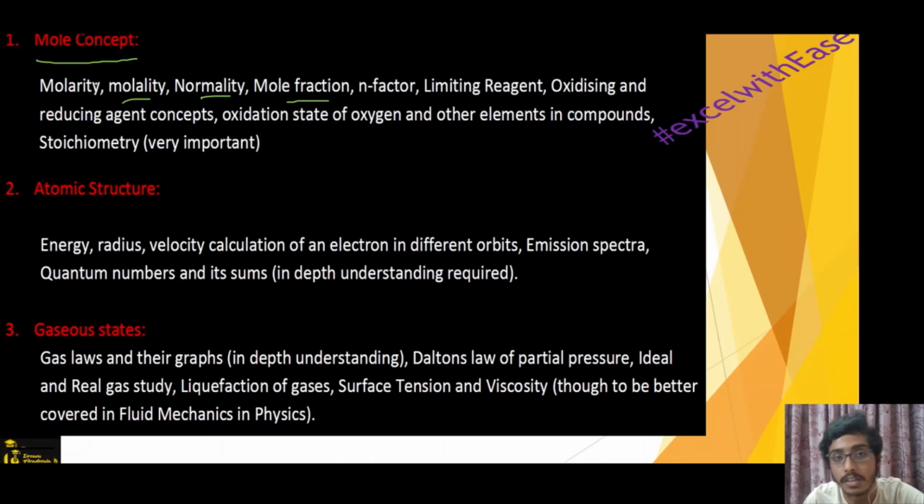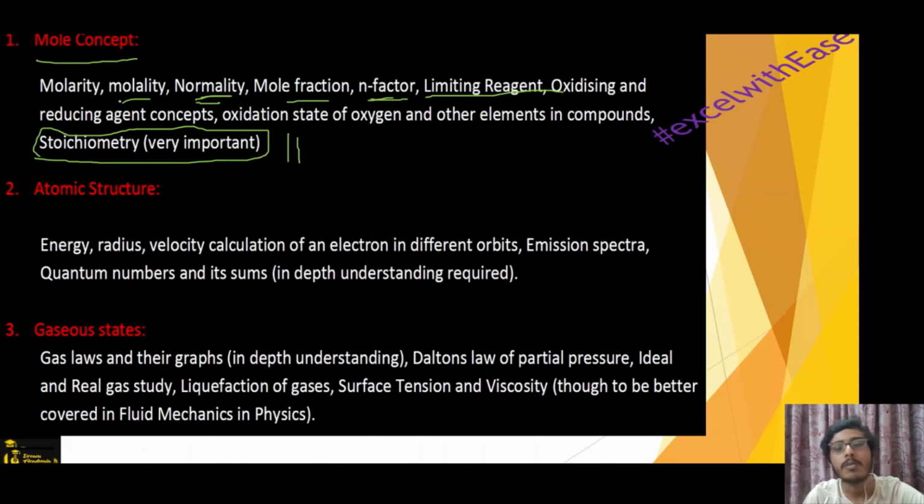You must know the definition of each term. The n factor is very important, as well as normality. These concepts help you solve problems of redox reactions and titrations, and this is actually the backbone of your physical chemistry. So from the WBJEE point of view, stoichiometry is very important. You can expect questions from here, and the limiting reagent is also important.